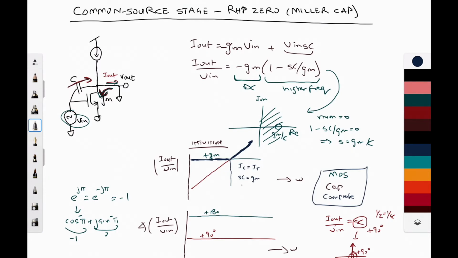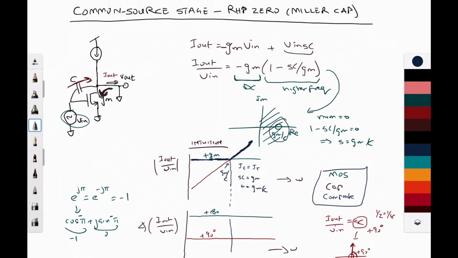If we said s is equal to j omega, then omega magnitude would be gm upon C, the frequency at which this occurs. So immediately we see that this ties in with our equations over here, which were also predicting a frequency occurring at gm upon C.